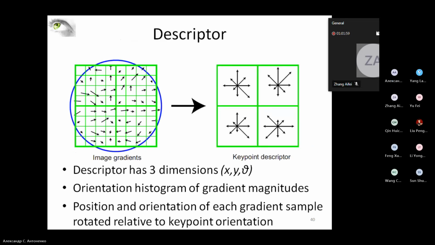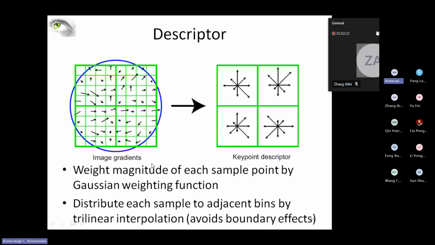Then we find the orientation histogram. We position and orient each gradient sample rotated relative to the keypoint orientation, the main orientation. We weight the magnitude of each sample point by a Gaussian weighting function.